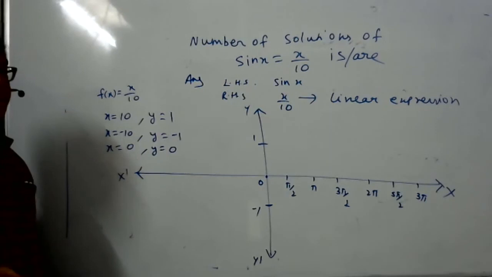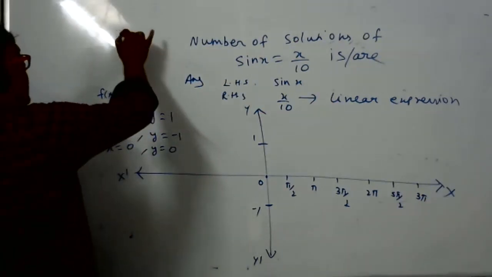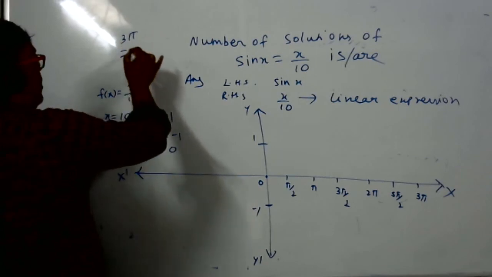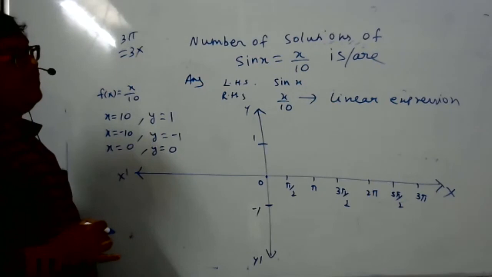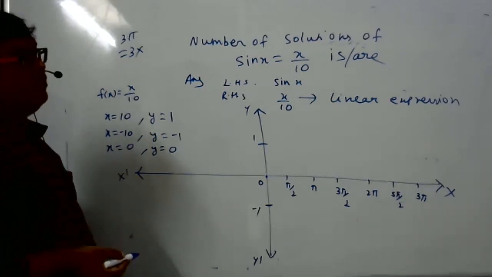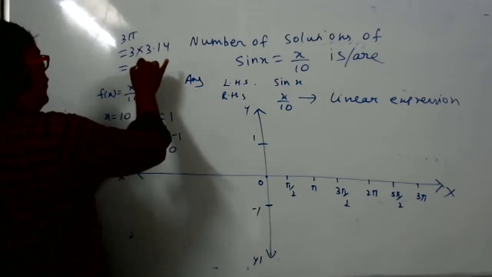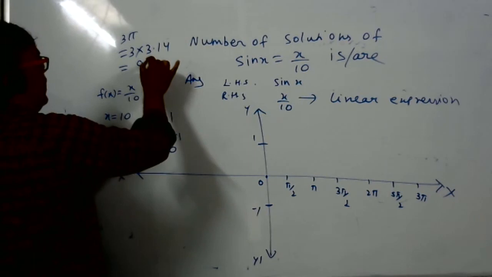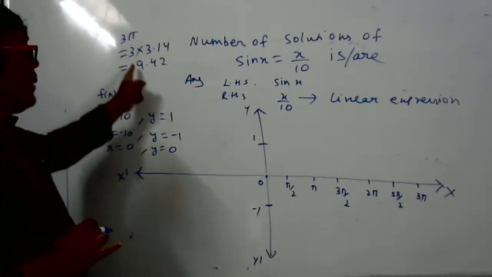Who is more, 3 pi or 10? 3 into pi means what? What is the value of pi? 3.14. So multiply, how much will you get? 3 pi is less, 3 pi is 9.42.